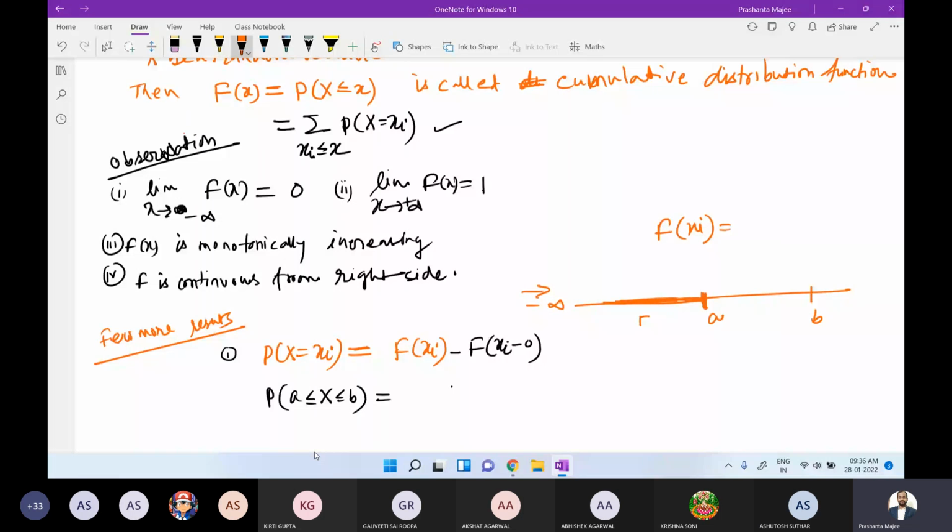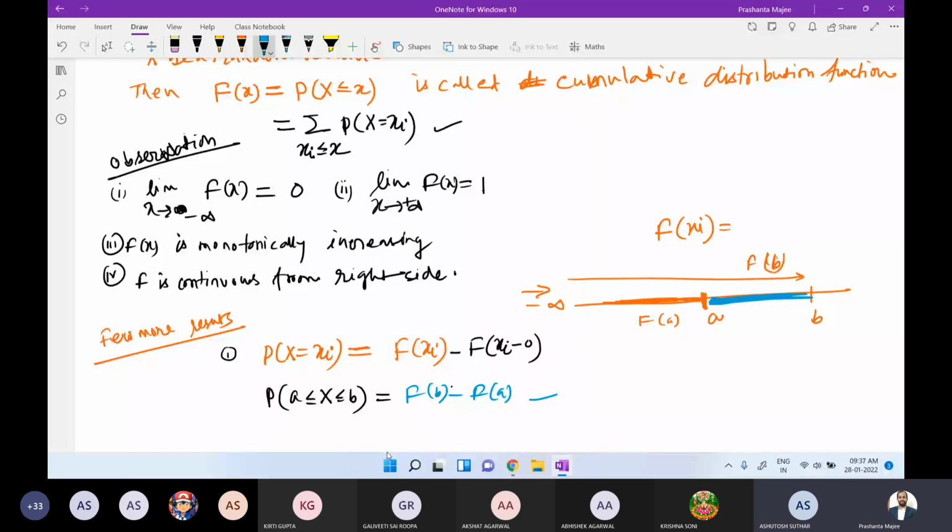F of b. So यहाँ से minus infinity से b तक हुए F of b. So the probability that the random variable is lying here will be F of b minus F of a. Okay. So these are the properties and results related to the cumulative distribution function.